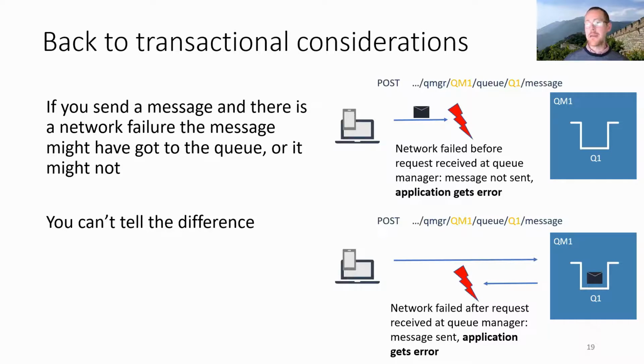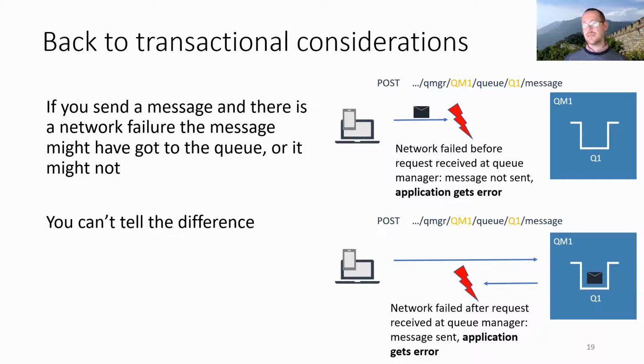So in the top case, I've sent a message to MQ and that message didn't actually get to MQ before the network failed. From an application perspective, I'll get an HTTP failure, and I won't know if my message got sent or not. Probably what I'll do is try and resend it.